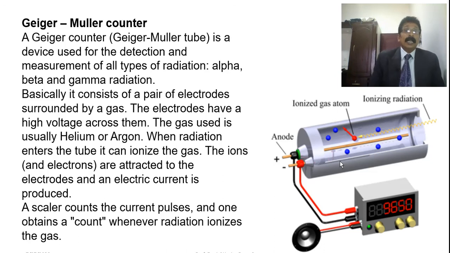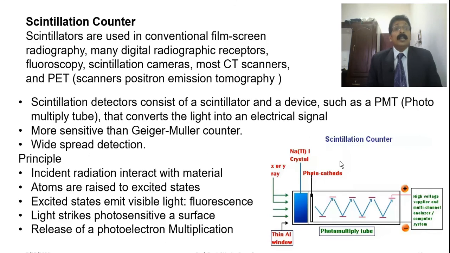A scaler counts the current pulse, and one count is obtained whenever radiation ionizes the gas. So this is the main method of the Geiger-Müller counter.